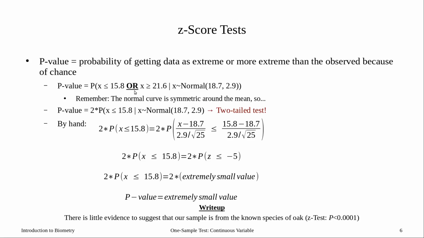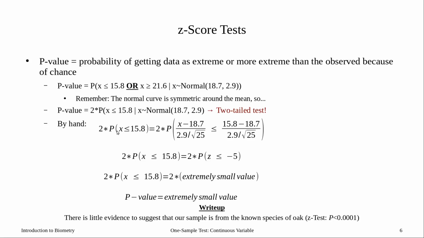Because remember, the normal distribution is symmetric. So this normal with a mean of 18.7, standard deviation of 2.9 is symmetric around the mean. So if we calculate one of our probabilities, then what we can do is take that probability, multiply it by 2 to calculate our p-value. This is the basis of our two-tailed test here.